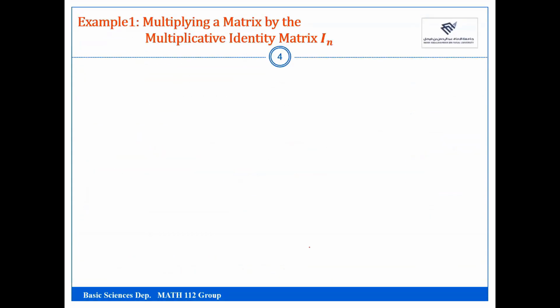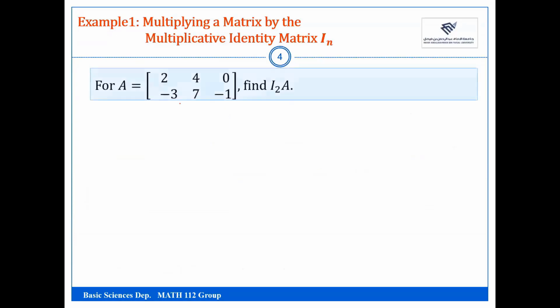We can see an example. If we take this matrix A of order 2 by 3, and multiply it by the identity of order 2, the product is defined.